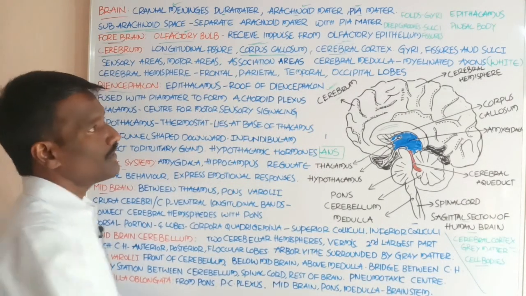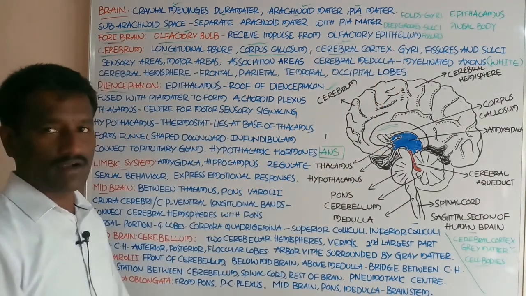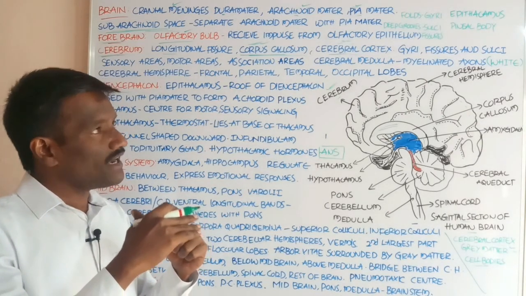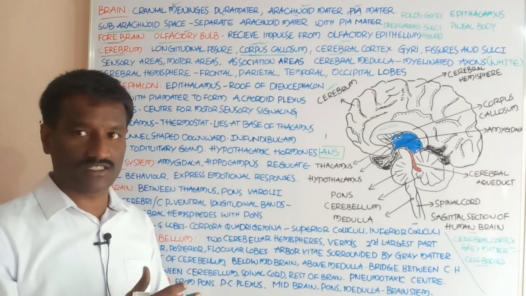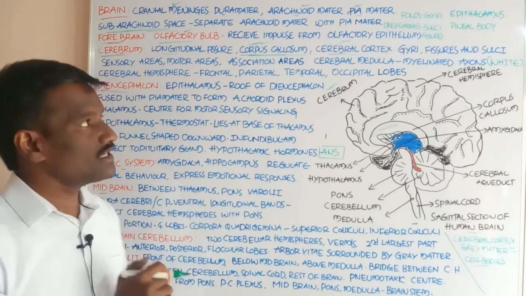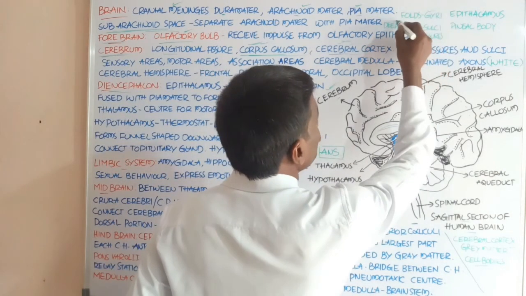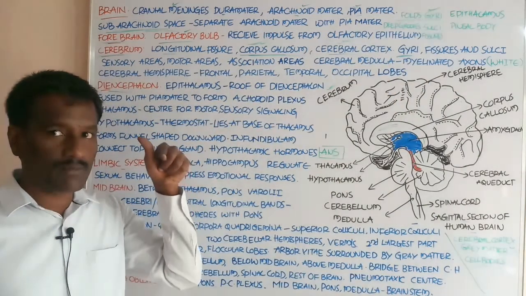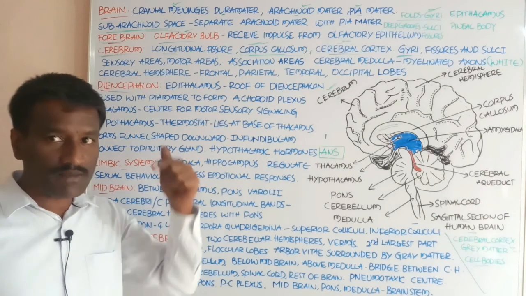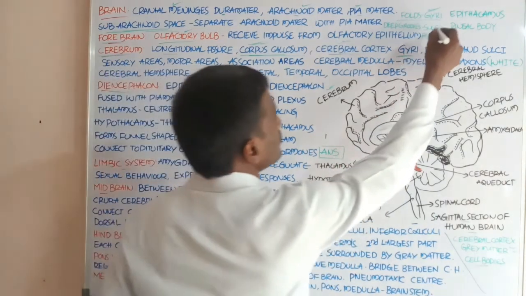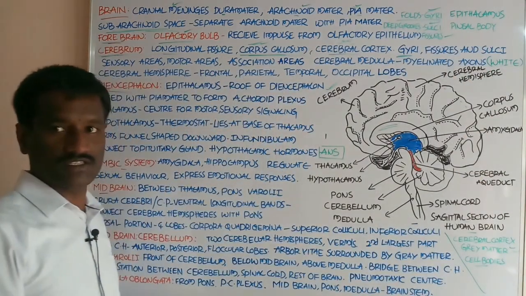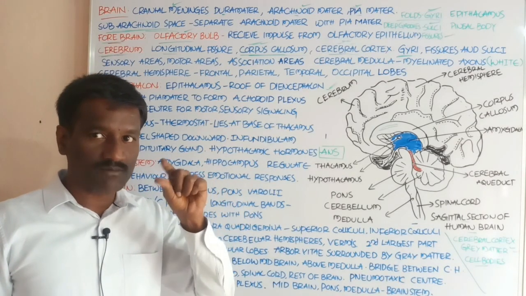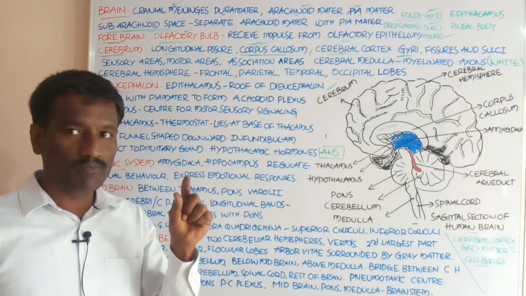Okay students, next, if you observe the upper surface of the cerebral cortex, the cerebral hemisphere, it shows many fold-like structures. These folds are called gyri.